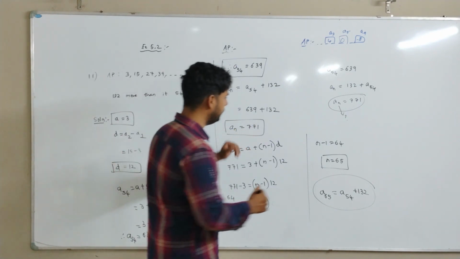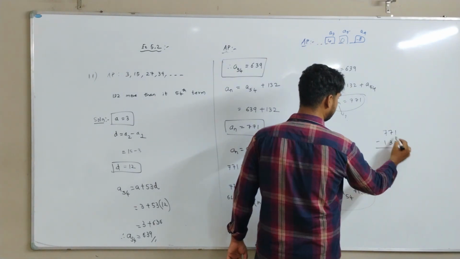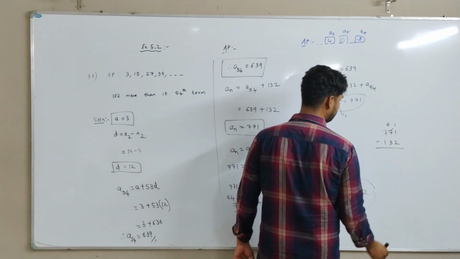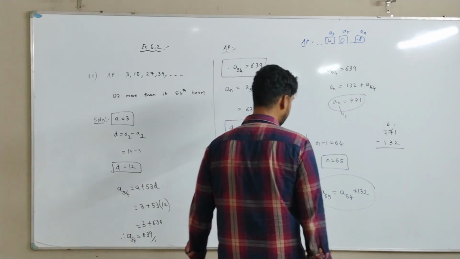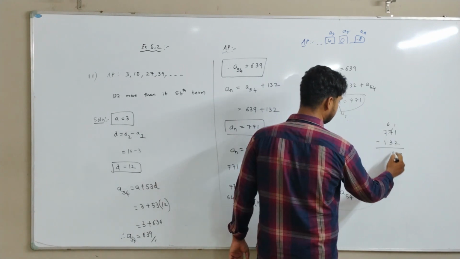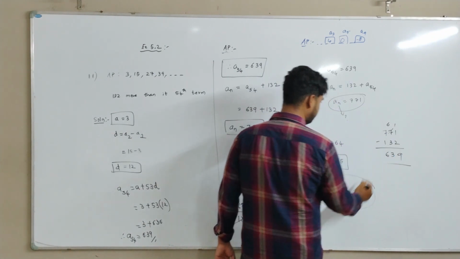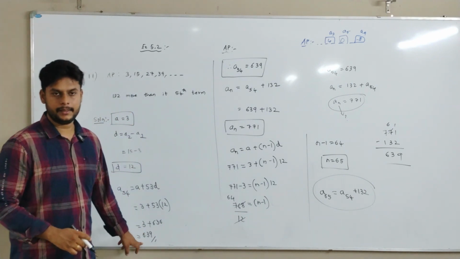Okay, if you want, you can do 771 minus 132. How much should it come? It should come to 639. Correct?